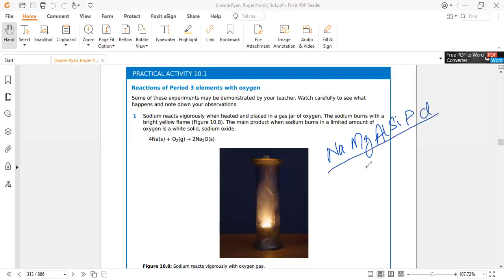They all separately react first with oxygen, then separately react with water if any reaction takes place. Then the compounds formed also separately react with chlorine. These are the 3 chemical reactions of period 3 elements: with oxygen, water, and chlorine.